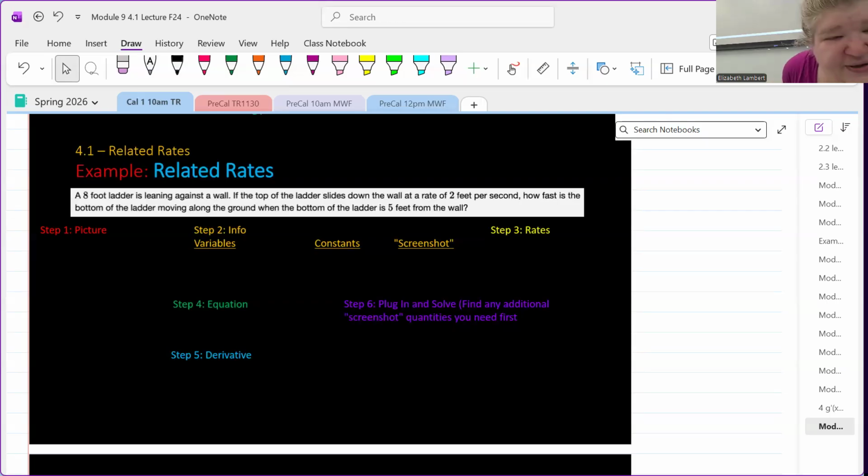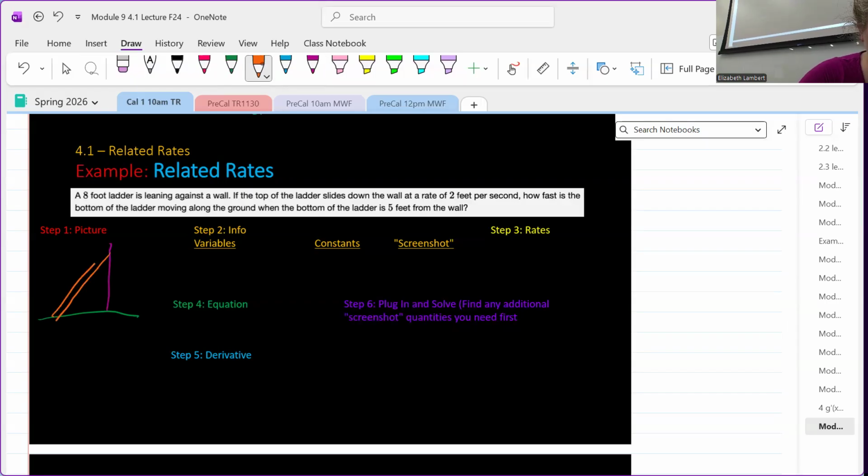So we have an 8-foot ladder leaning against a wall. So let's doodle a picture. Got my ground. There's my wall. There's my ladder.